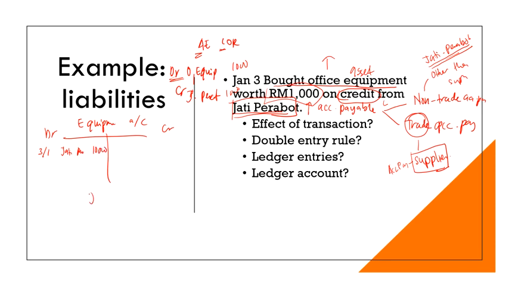Then you pun akan buka you punya Jati Prabut account. Debit, credit. So since you crediting your Jati Prabut, on 3rd of January, particular will be your office equipment 1,000. Macam ni lah. This is how you going to answer. You tulis lah comel-comel.